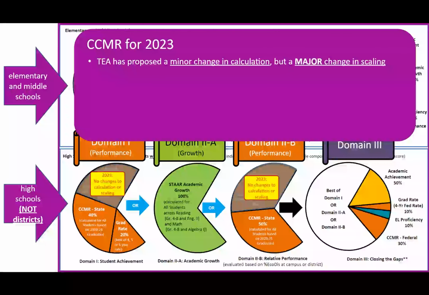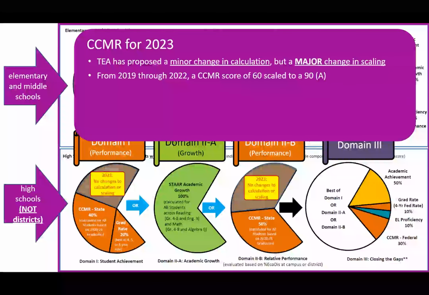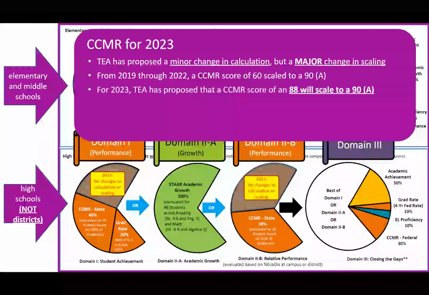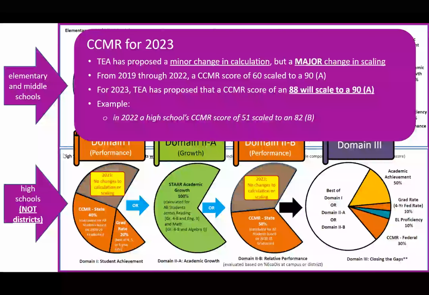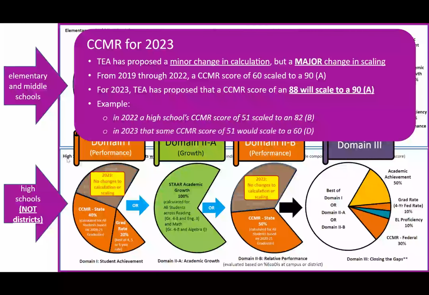What we're seeing here is an example of the change in scaling. In this particular example, you'll see a high school in 2022 that scored a 51 for CCMR, which was equivalent to an 82, a B. This year, in 2023, that same 51 would scale to a 60.